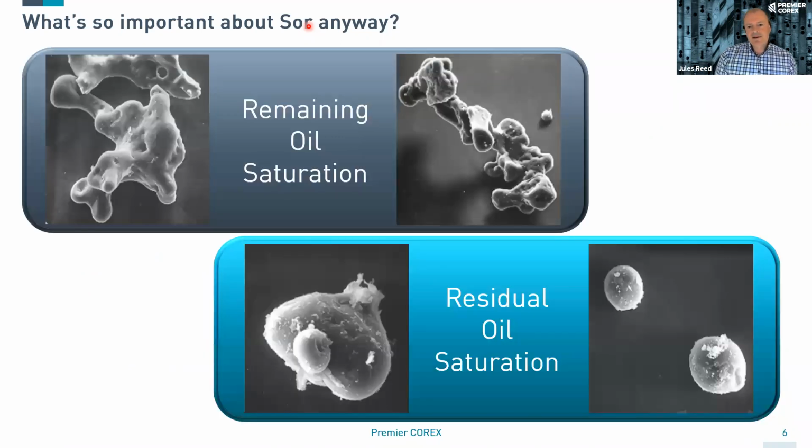And these are some nice pictures of pore casts. So I think it was in the 50s, 60s, 70s, some pore casts were used using things like wood metal to look at and visualize oil saturation. And these would be remaining oil saturation. So with remaining oil saturation, what we can see here is the oil is still connected with additional oil.